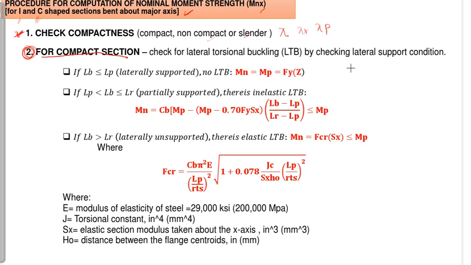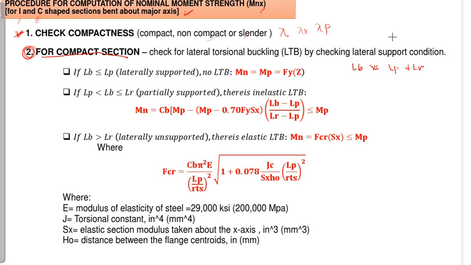So, we have to check L sub B versus L sub P and L sub R. Kasi if we have compact section, meron tayong ma-experience na limit state which is either yielding or LTB. So, either of these two, pag compact section yung nakuha nating compactness.